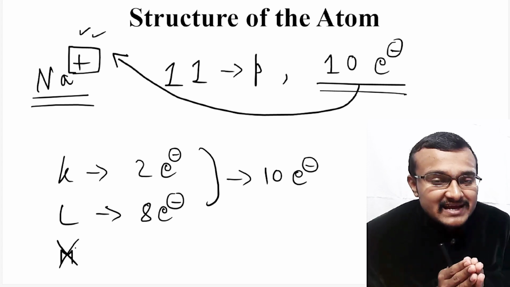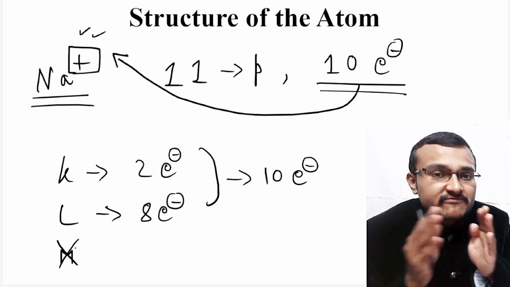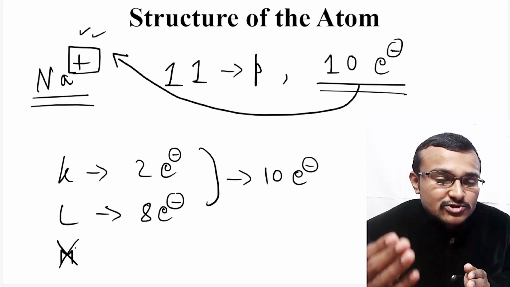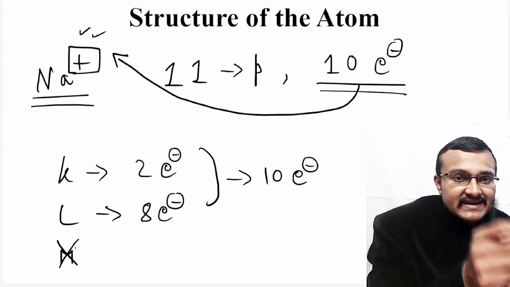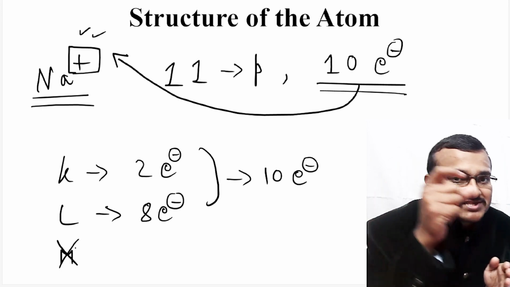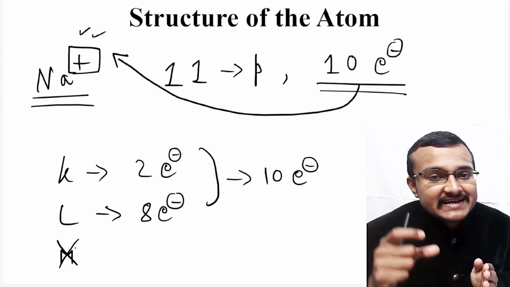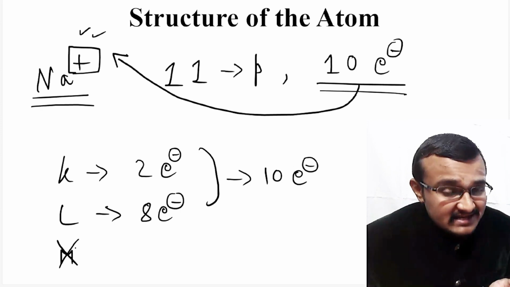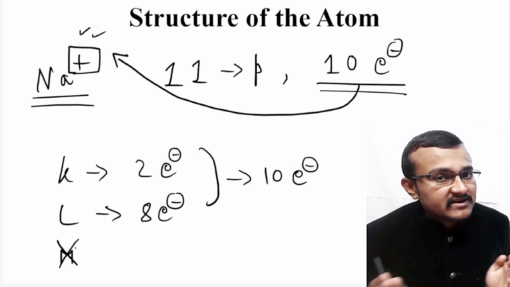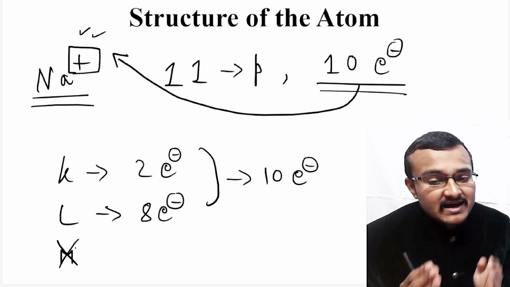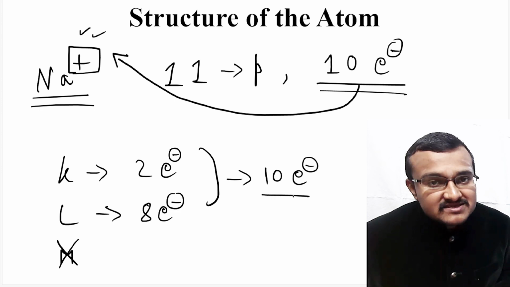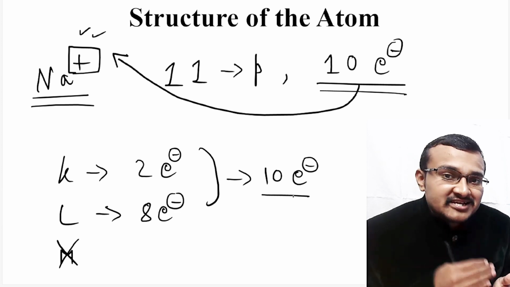That means it has lost one electron. So out of 10 electrons, all 10 have completely filled the K shell and L shell. That is, 2 electrons completely fill the K shell and 8 electrons completely fill the L shell. That means the L shell is completely filled and the K shell is also completely filled, and all 10 electrons of Na plus are occupying the K shell and L shell.